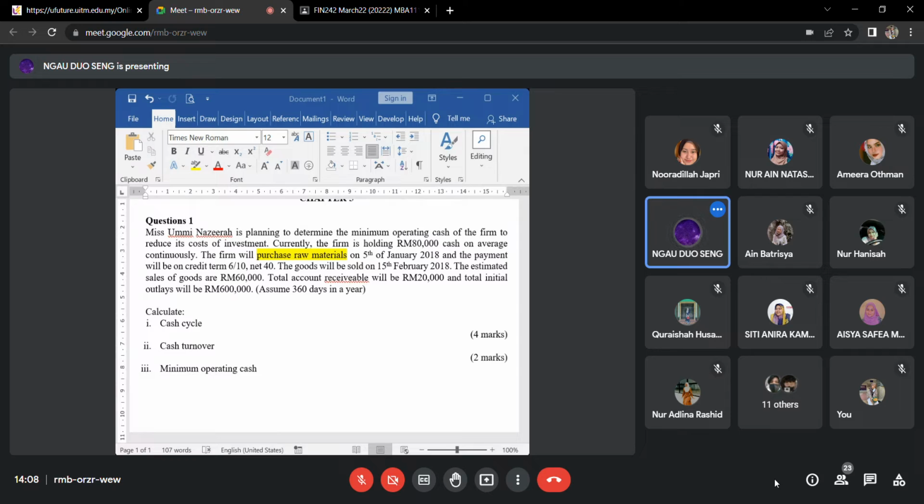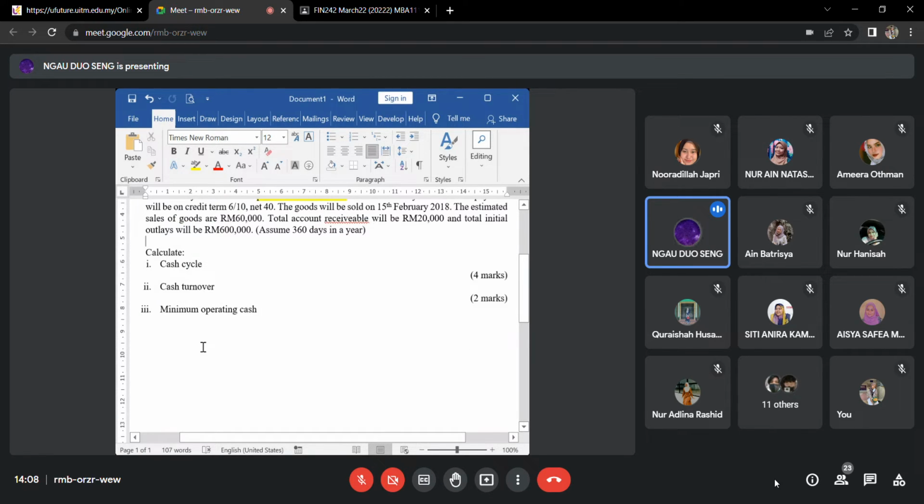So you take out your slide, then you just copy. So I just copy here, the cash cycle formula.